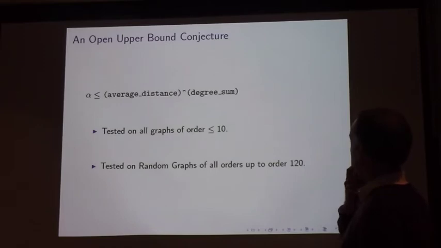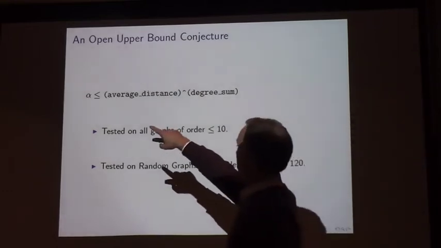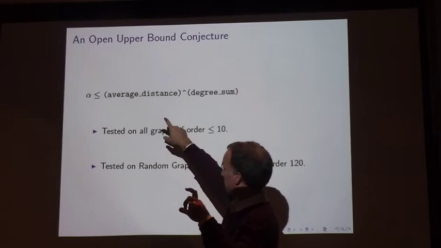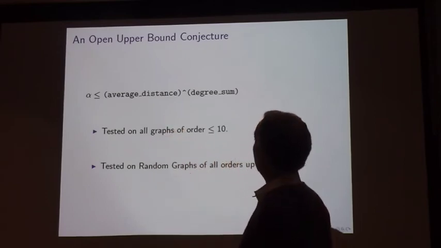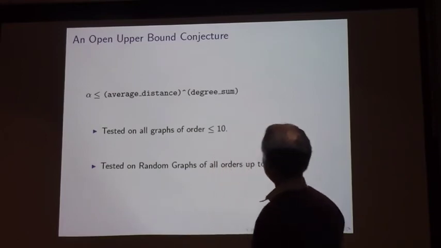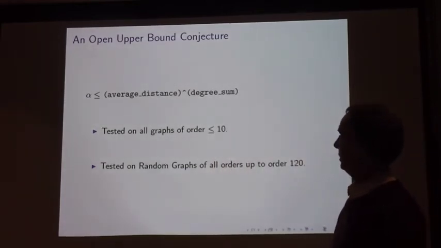Yeah. And here's an open upper bound conjecture that the program made. This one says an upper bound for the independence number of a graph is the average distance between any pair of distinct vertices raised to the sum of the degrees, so twice the number of edges.